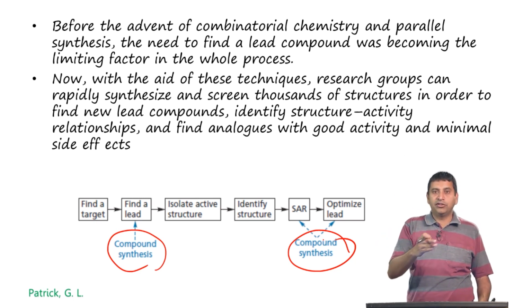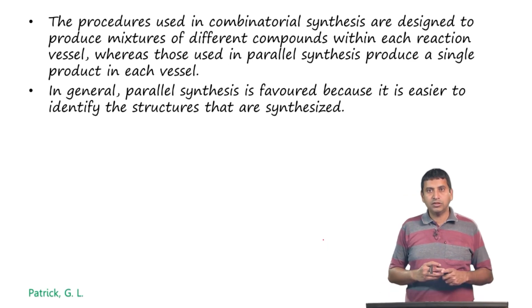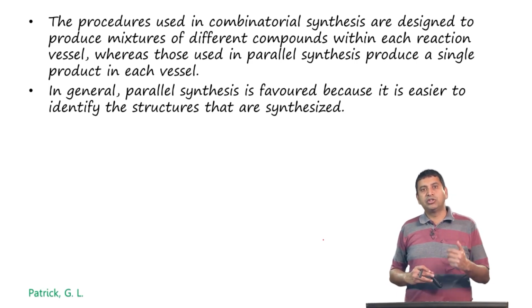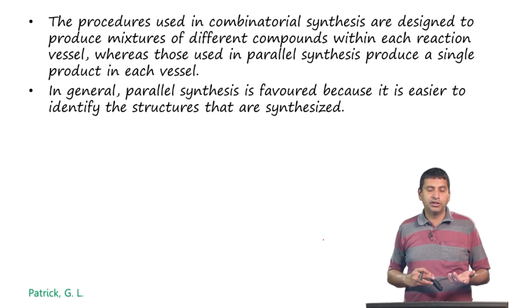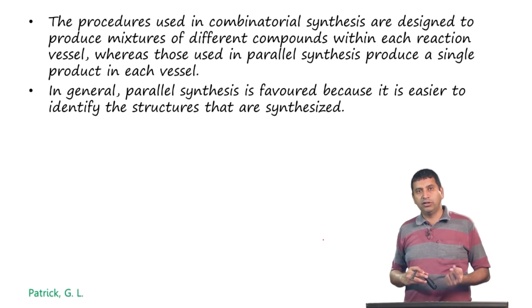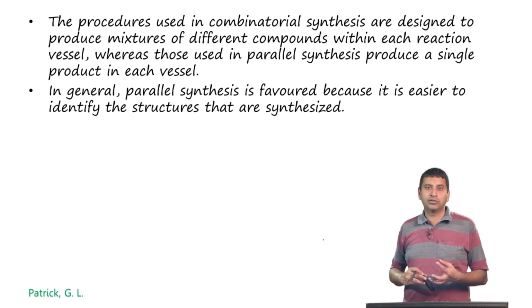So, these are some challenges that medicinal chemists faced, and one of the ways out is to use combinatorial chemistry and parallel synthesis. These techniques are designed to produce mixtures of different substances. In parallel synthesis you would produce a single product in each vessel, whereas in combinatorial synthesis they produce mixtures of different compounds.